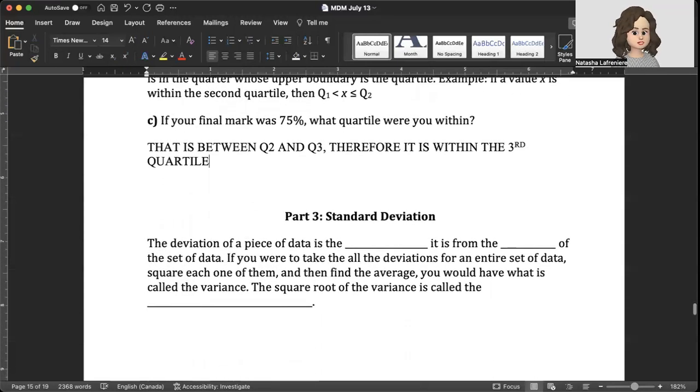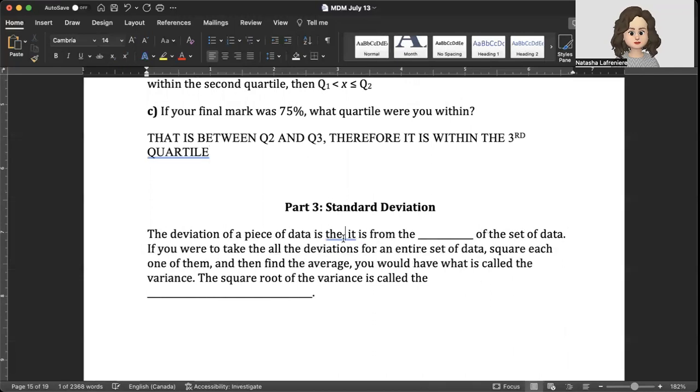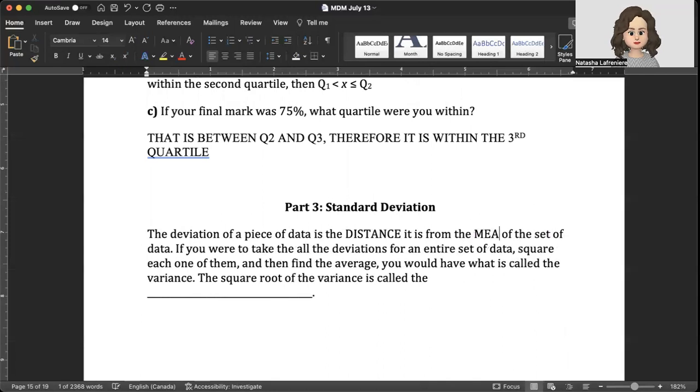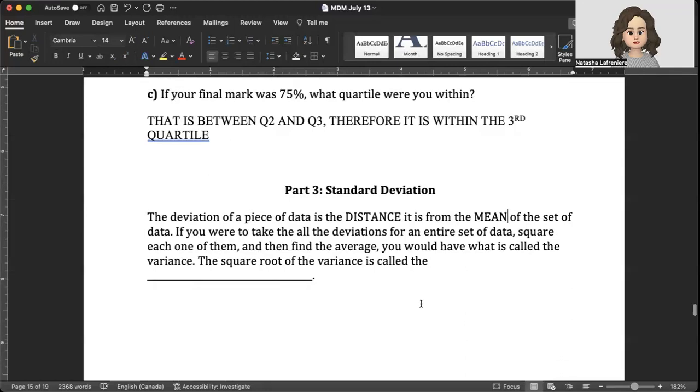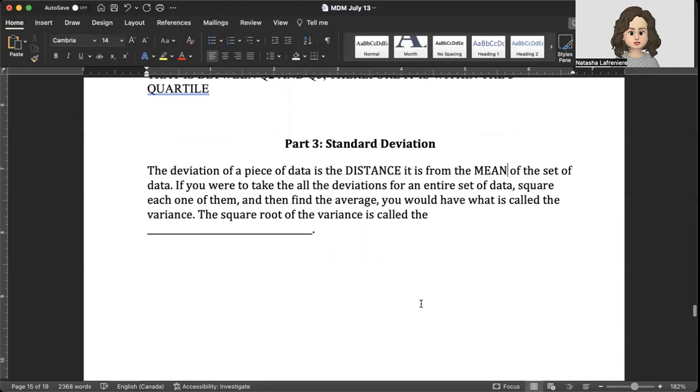Finally, we've got the standard deviation. So the deviation of a piece of data is the distance it is from the mean of the set of data. If you were to take all of the deviations from the entire set of data, square each one of them, and then find the average, you would find what's called the variance.